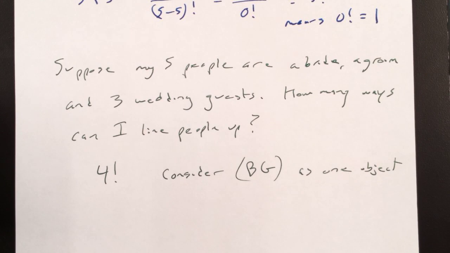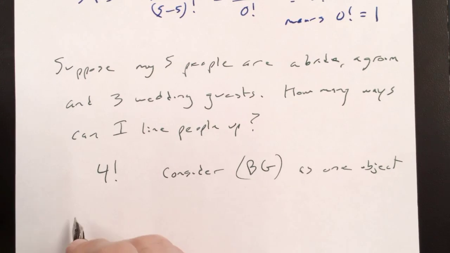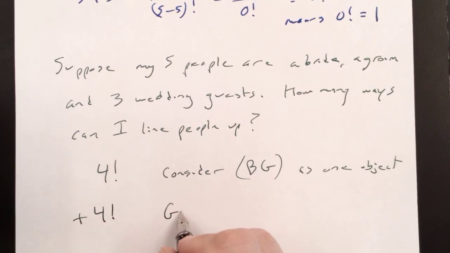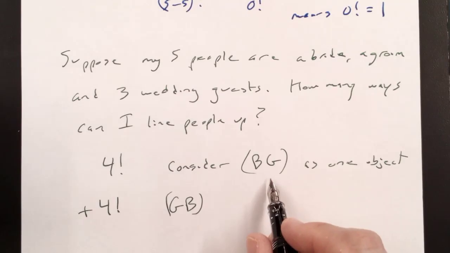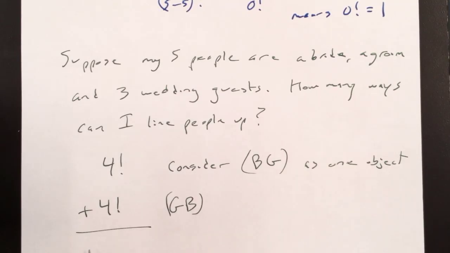So I take the 4 factorial where the bride is on the left, and then I add 4 factorial where the groom is on the left, which would be the same as multiplying by 2, right? Because there were 2 options here. 4 factorial is 24. There are 48 options here.